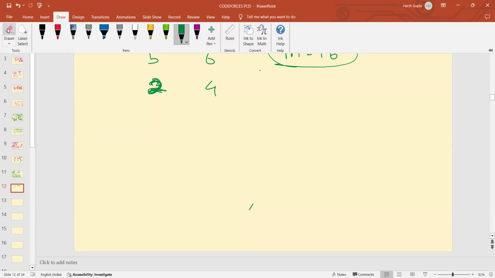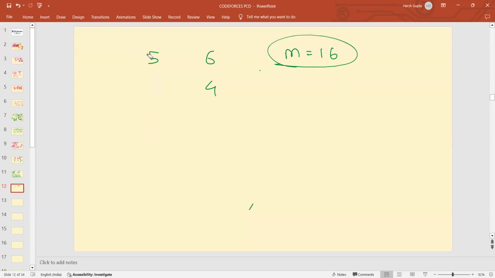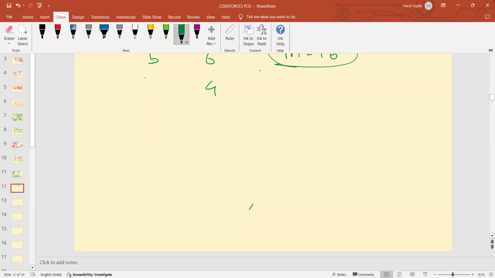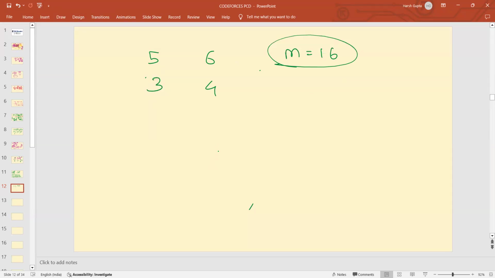So in the first example, I would simply take the number of flowers containing 5 petals as 3. So in this case, just greedily fill it. By greedily, what I mean is, first of all, just fill the maximum amount of flowers I can take that contain 5 petals. Since I have 16 coins to spend, just tell me, what is the maximum number of petals that you can take?